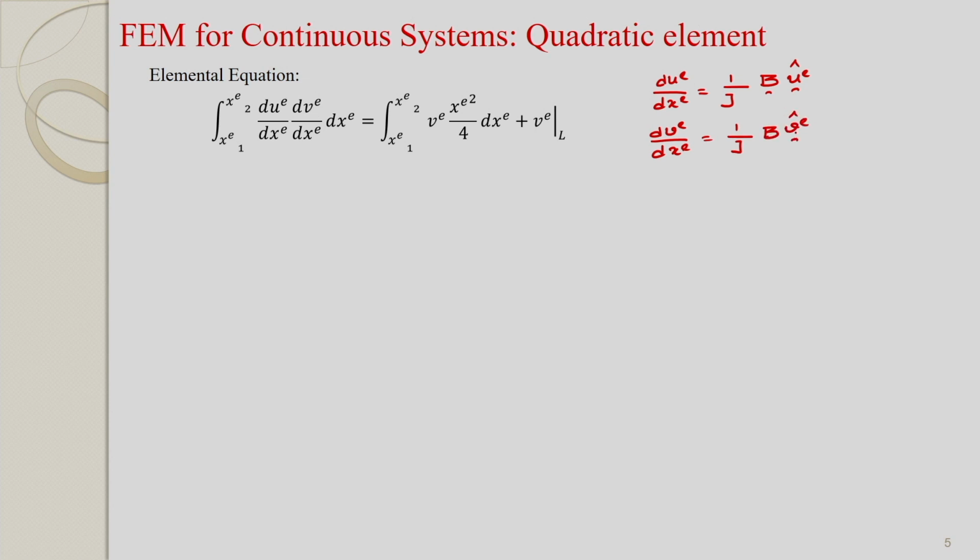So we can write this quantity as v_e hat transpose B transpose B u_e hat by Jacobian square.